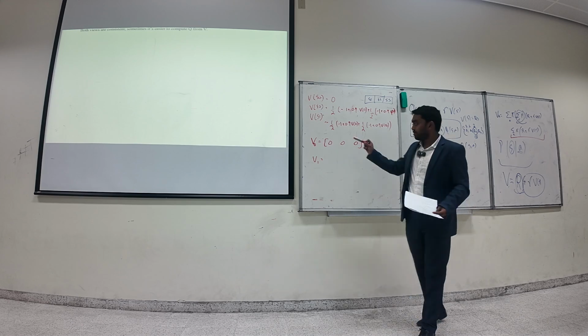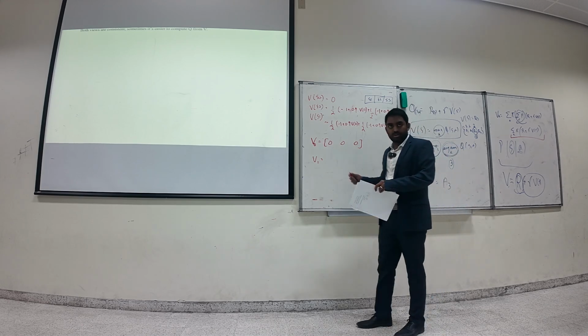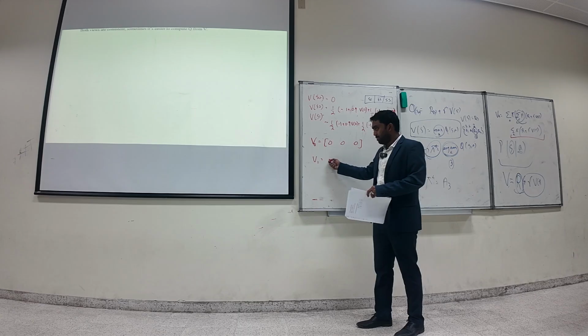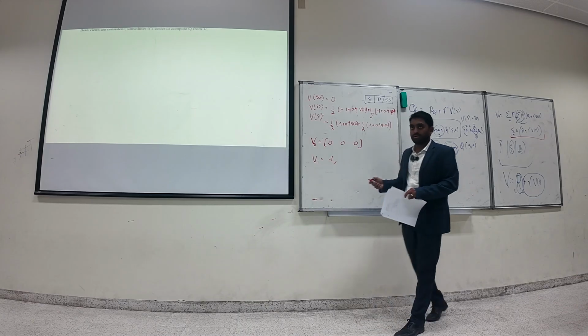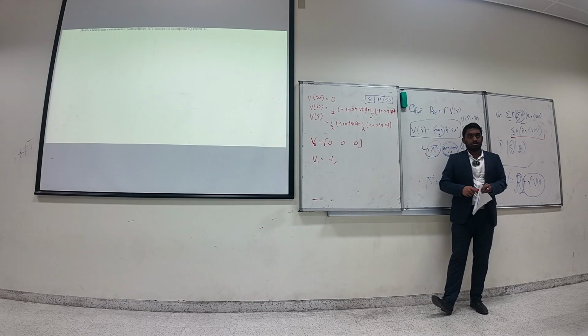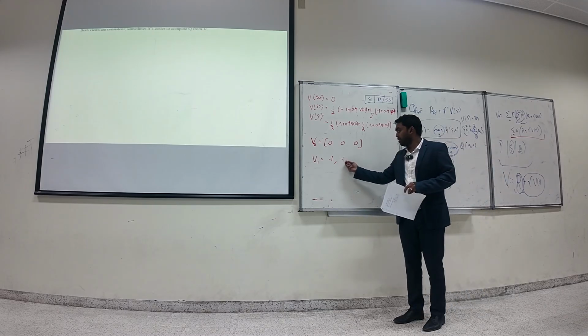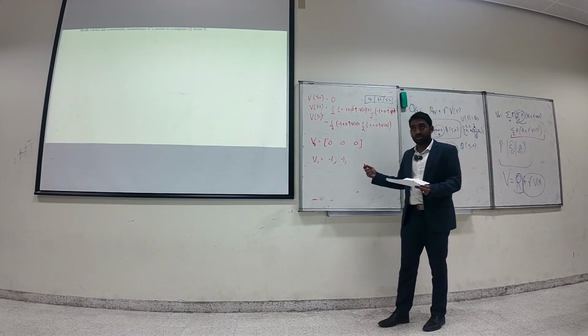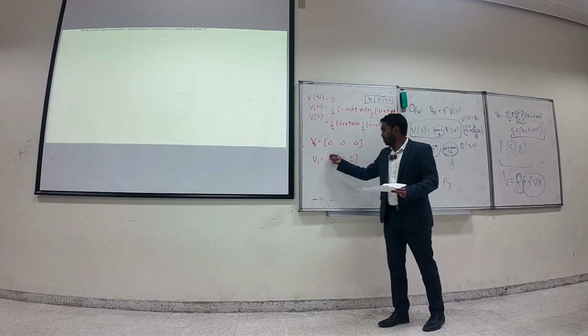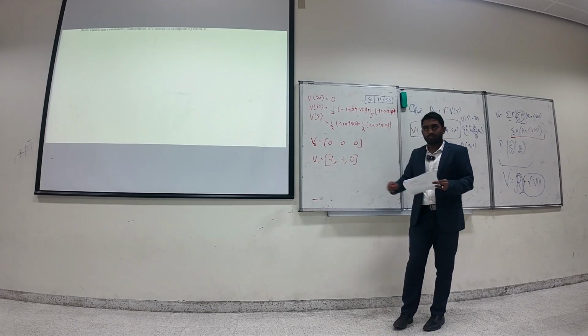Yes, 0, 0, 0. Correct? And VS3 would be 0. Right? Okay? This is your first iteration.